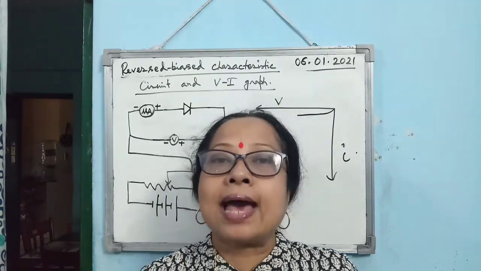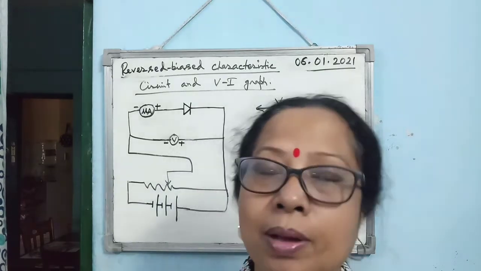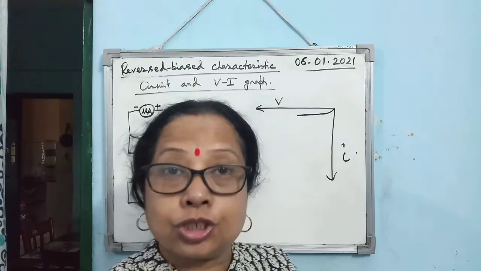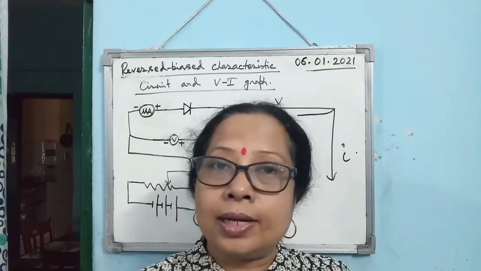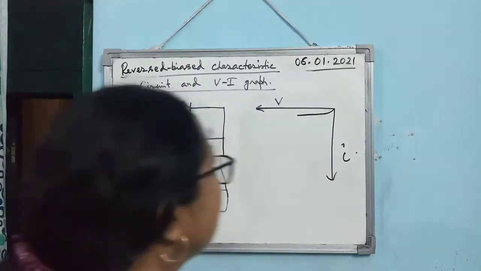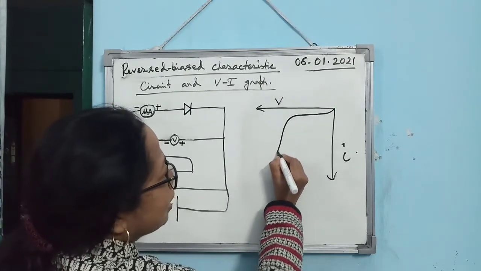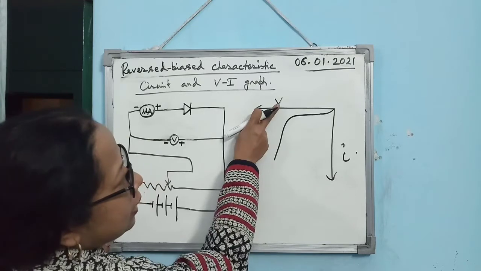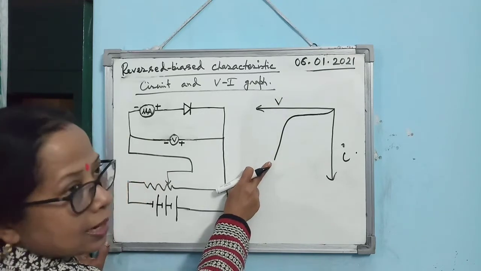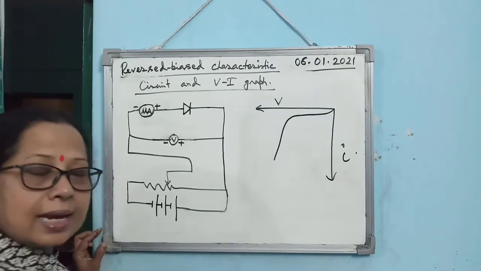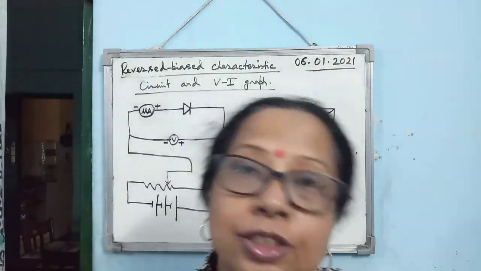This is known as avalanche. Avalanche, I hope you can remember, this is the phenomena in geography. So due to the sudden avalanche of flow of electron, what we will observe that the current increases manifold, but potential is not increasing very high, but the current start increasing.